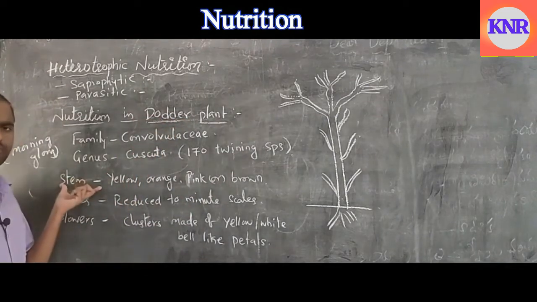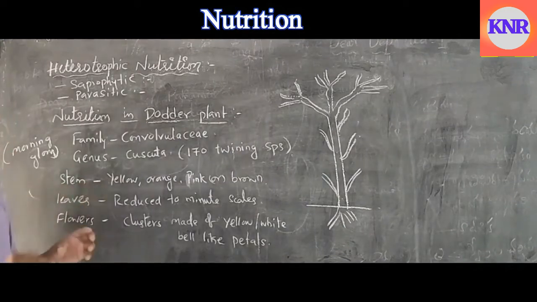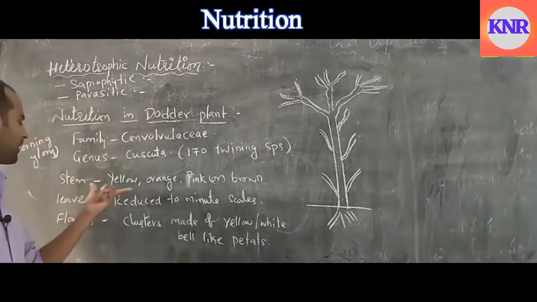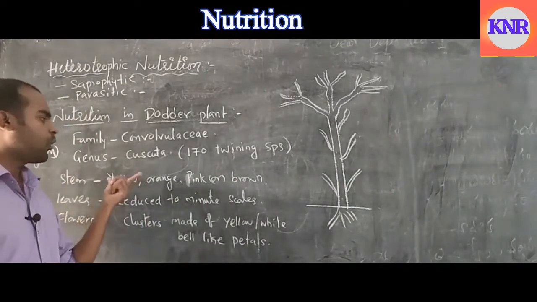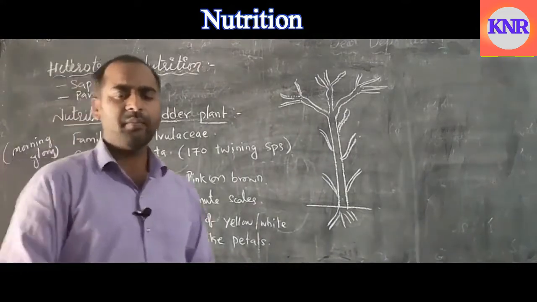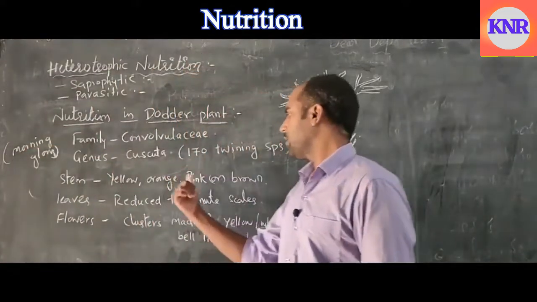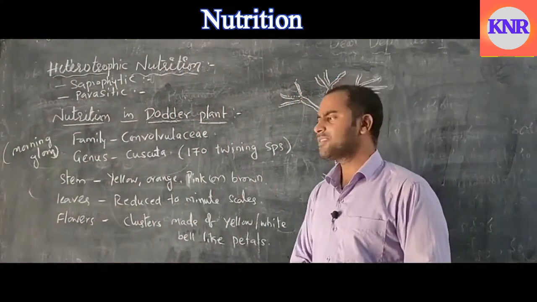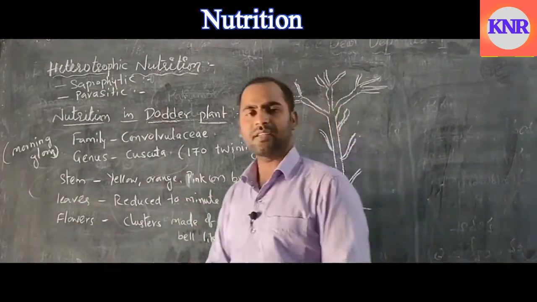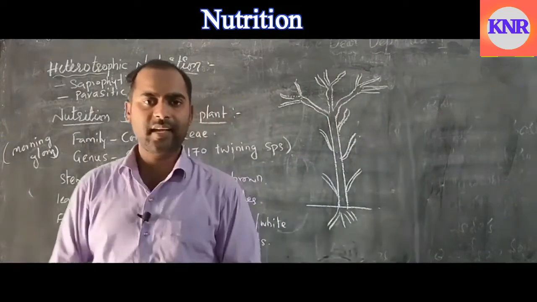The stem of the dodder plant is slender, not that strong. Its color might be yellow, orange, pink or brown, and the leaves are reduced to minute scales.